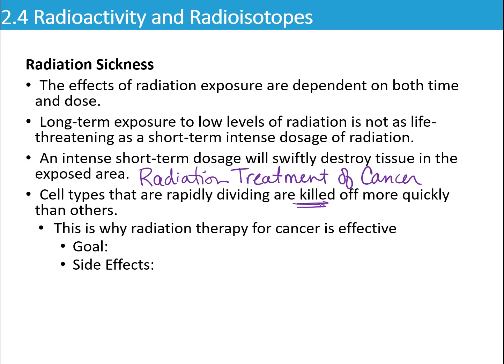So we have chemotherapy and radiation, the two common ways of trying to treat and remove abnormal cells that are growing. Like I say, the goal is to destroy the tumor without destroying you. So we want to destroy rapidly growing cells.